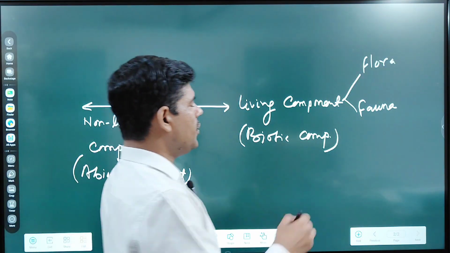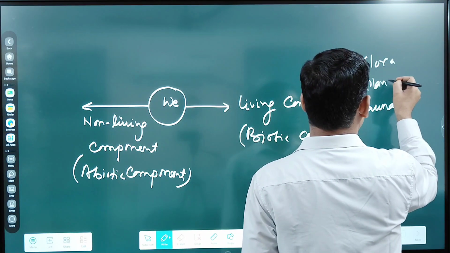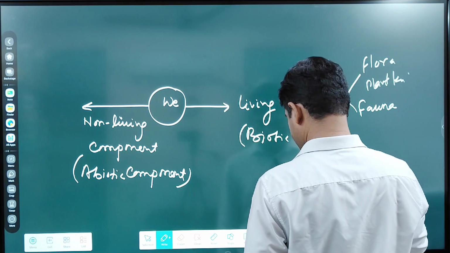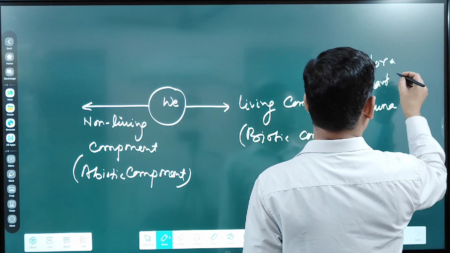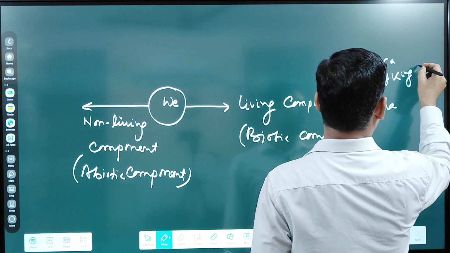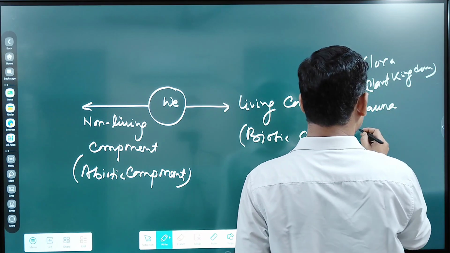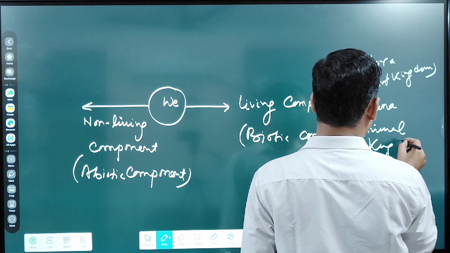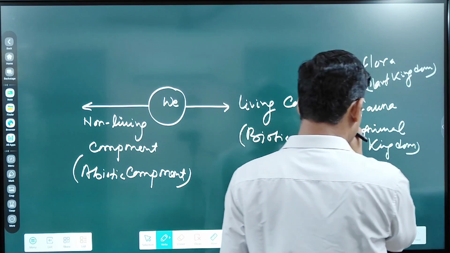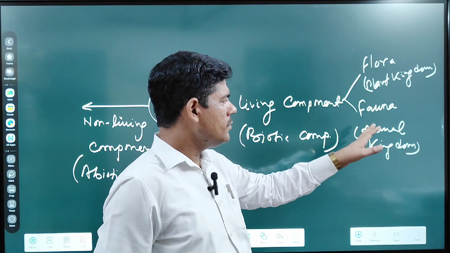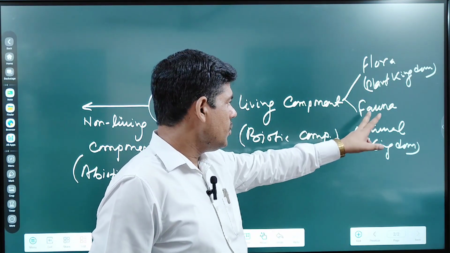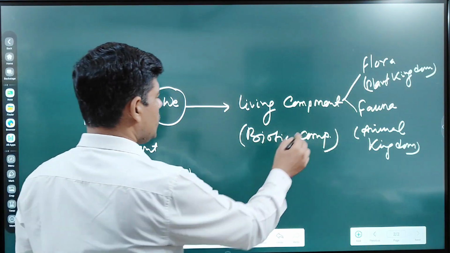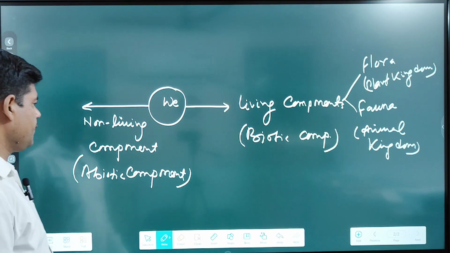Plants, plant kingdom, animal kingdom. Plant kingdom, animal kingdom. So these are living components.